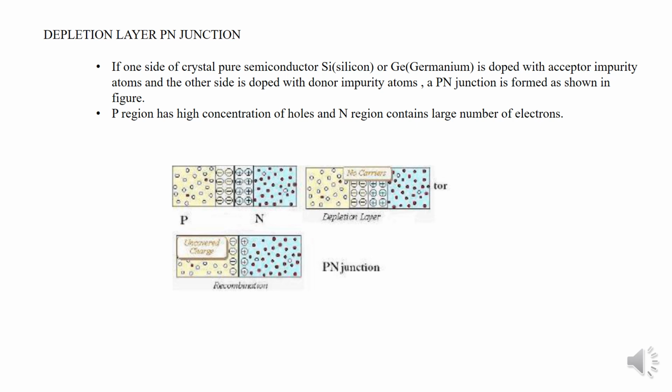The difference of potential from one side of the barrier to the other is known as the potential barrier, approximately 0.7 volt for a silicon PN junction and 0.3 volt for a germanium PN junction. The distance from one side of the barrier to the other is the width of the barrier, which depends upon the nature of the material. That is about the PN junction diode.